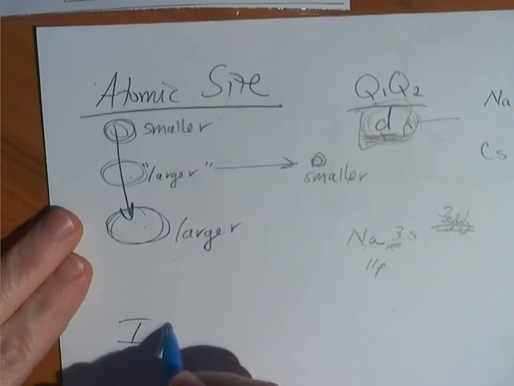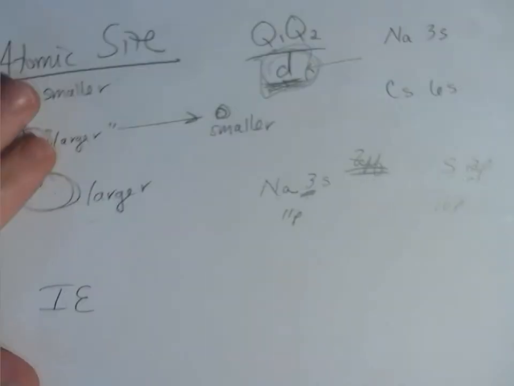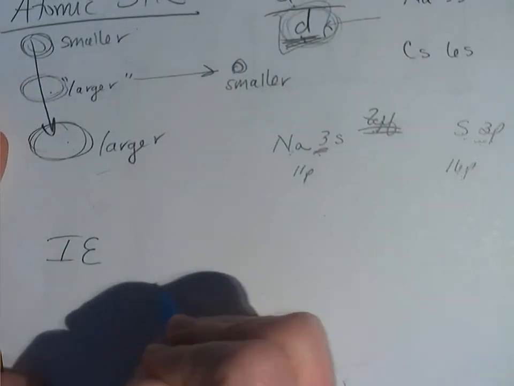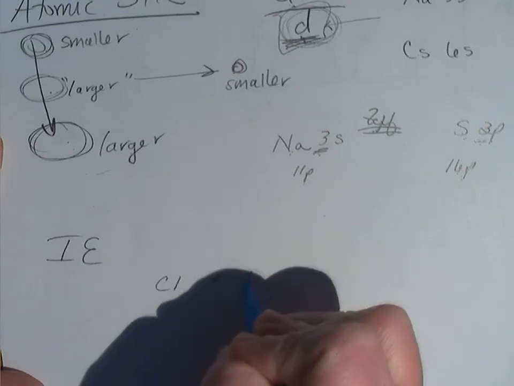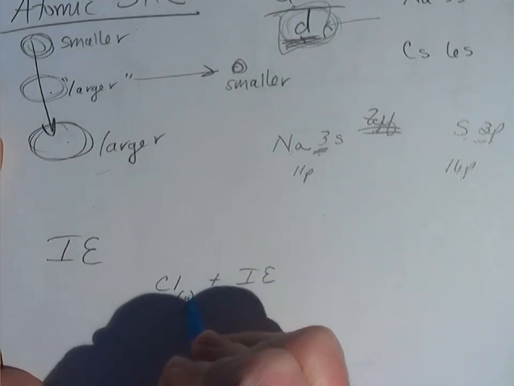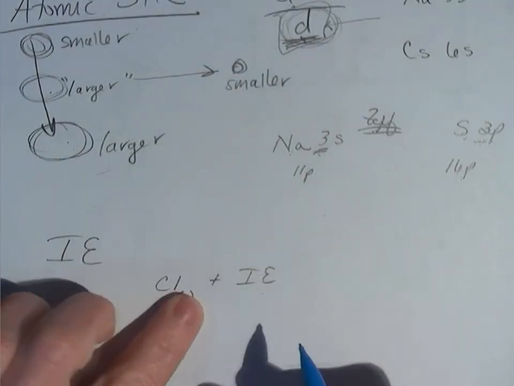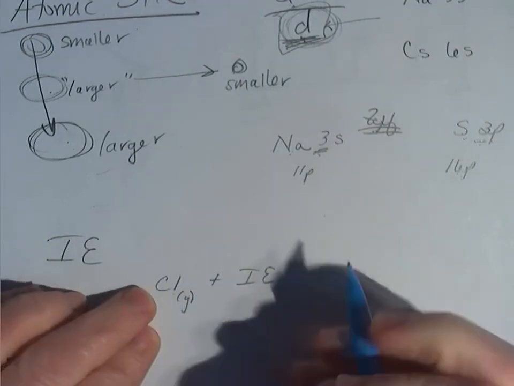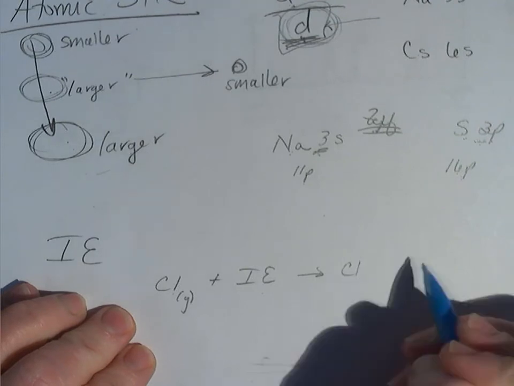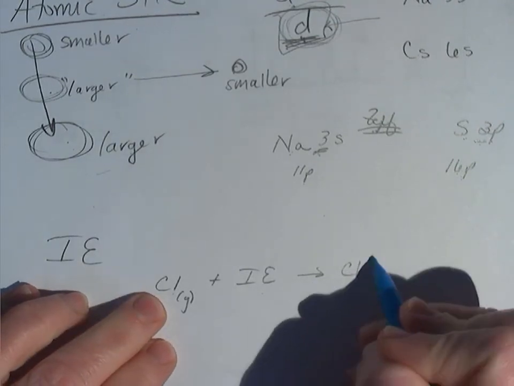Ionization energy, the energy that must be invested in an element. So, for example, chlorine, the amount of energy, and usually it's a gaseous atom, but that's okay for us to not remember specifically, but the amount of energy that must be invested to remove an electron. Removing an electron, we're making a cation.